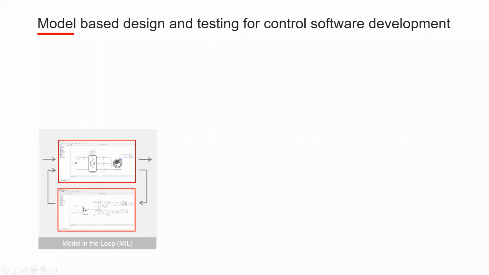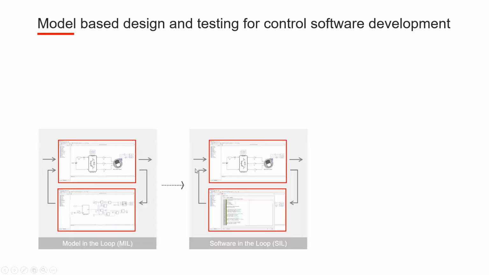The controller model is initially usually simple. It only has a few features, but it still works in a loop with the power stage model. We call this step model in the loop, because we have both the model of the power stage and the model of a controller working together. And this is typically performed using offline simulators.